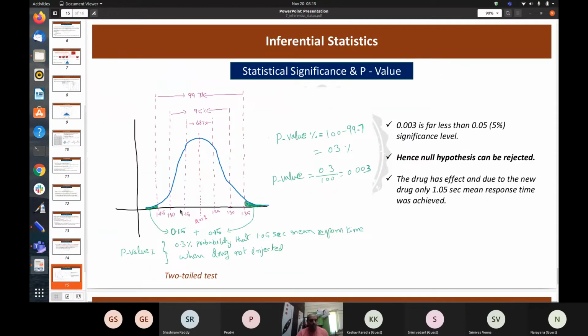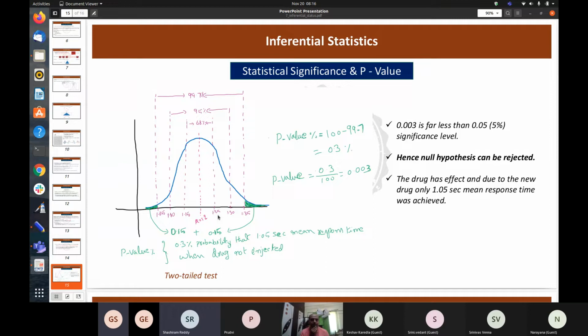So there are experiments done. 68% of the experiments' mean response time is falling between 1.15 and 1.25. How do I know? How did I calculate that?